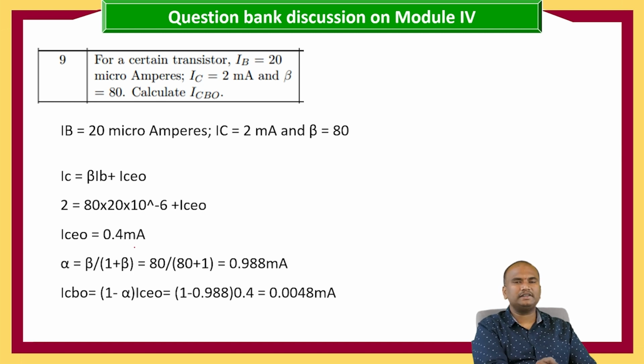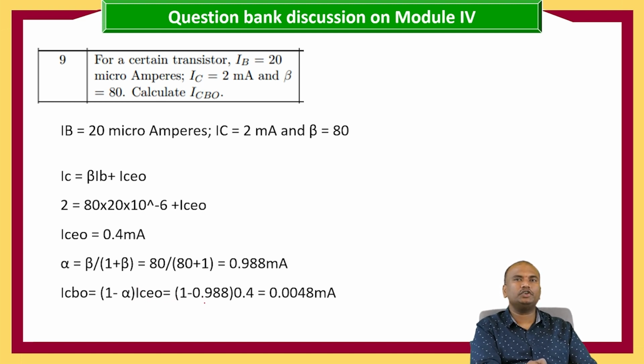Now this is the ICE naught which we got. Now we don't have a direct relation between ICE naught and beta, so for that we need to calculate the alpha value. So alpha is equal to beta by 1 plus beta, which is equal to 80 by 80 plus 1, that is 0.988.